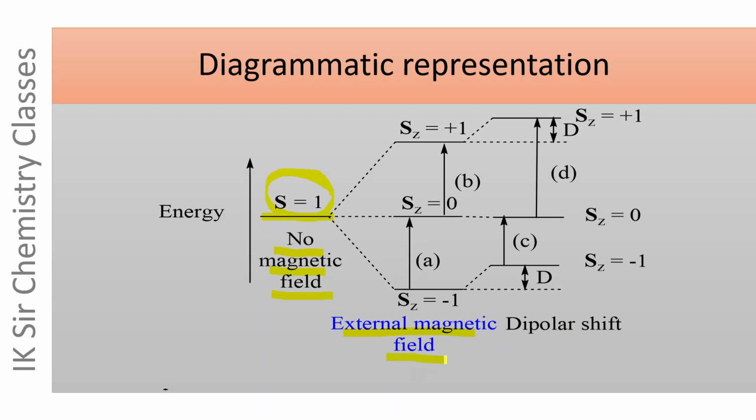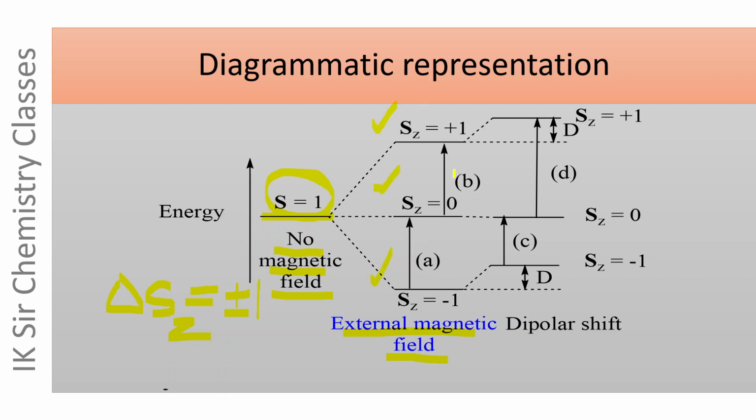And according to the selection rule, delta Sz equals to ±1, 2 transitions A and B are possible among these 3 spin energy levels.